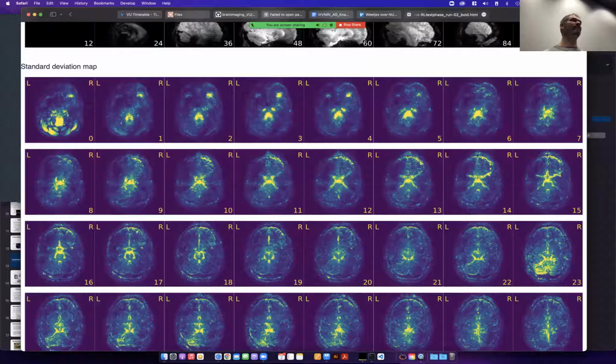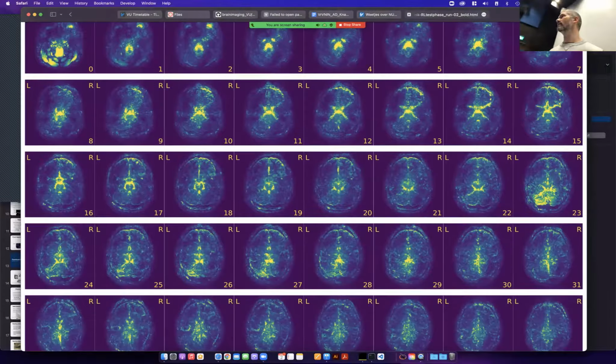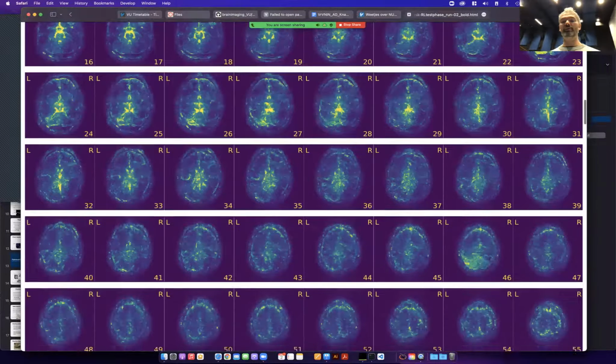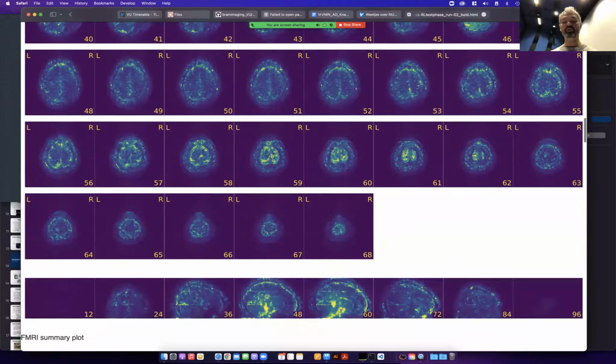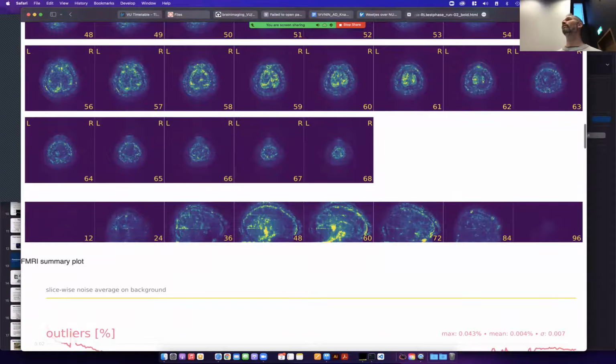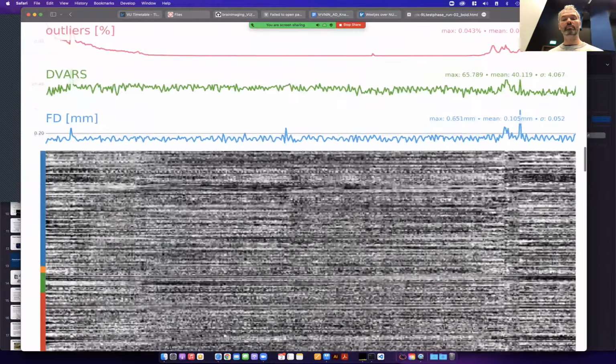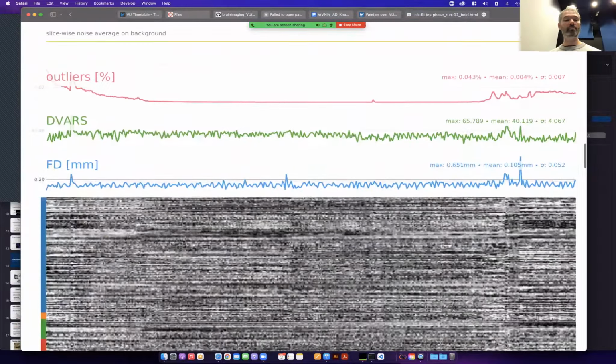This is not a region of the brain you want to be scanning, and if you do want to scan this, you need to take all sorts of mitigating precautions. So that's the standard deviation image. In a bad subject, you will be able to pick that out, of course, because this standard deviation is going to be higher.